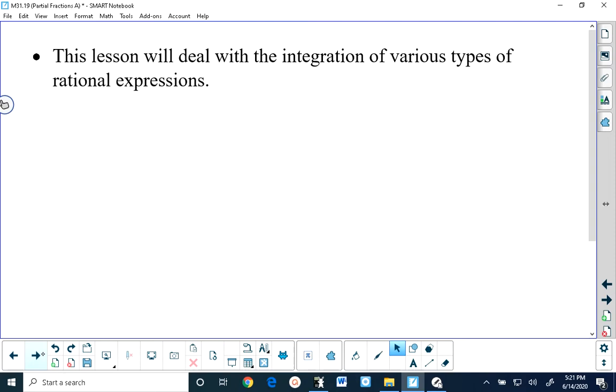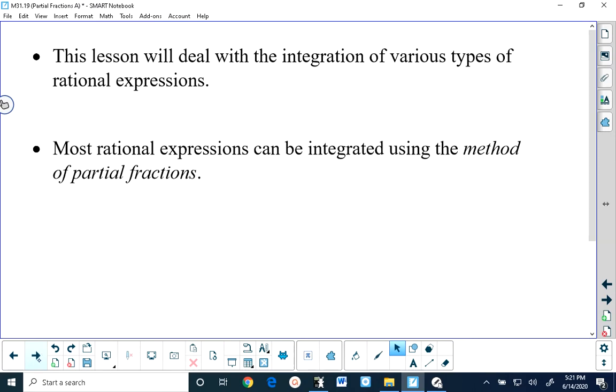However, what we learn Wednesday and Friday will be helpful for those students who are going to go on and take calculus next year. So, most rational expressions can be integrated using the method of partial fractions. I would probably say that you could go through 2 full years of post-secondary calculus and not run into a rational expression that cannot be integrated using this method.